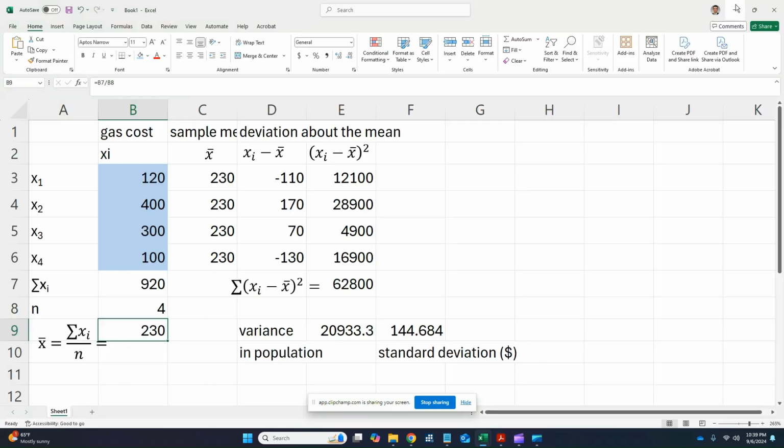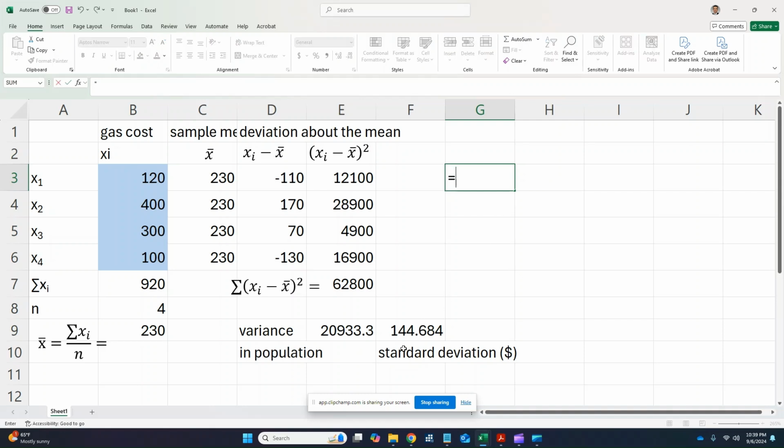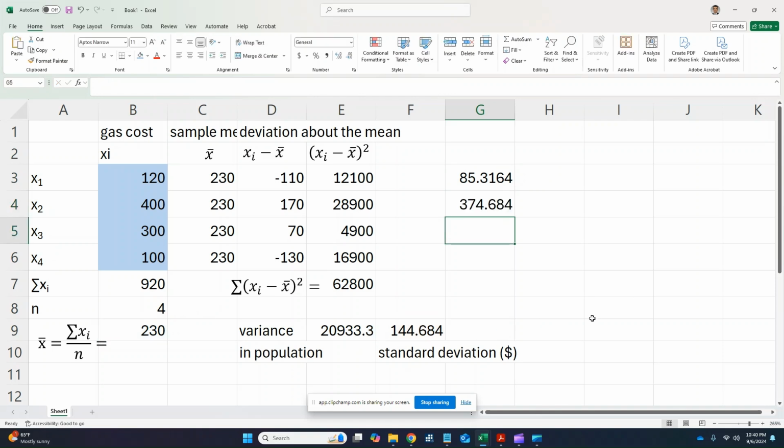So that means if we take the mean minus the standard deviation to get the lower range, and the mean plus the standard deviation to get the upper range, these two numbers should cover 68% of the data variation.